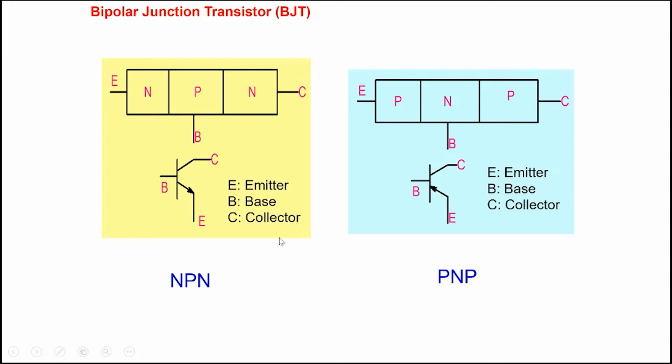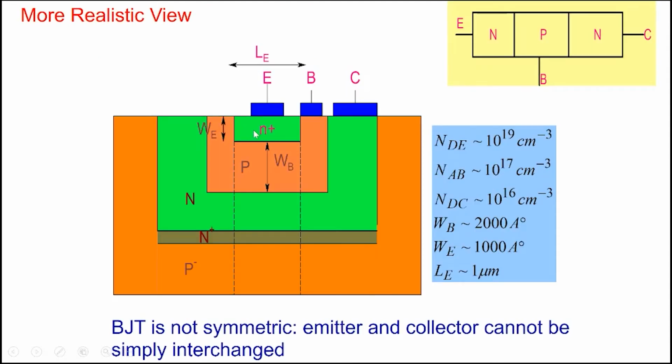Now, let's focus on the NPN transistor. Although we draw an NPN transistor like this, as if it's a bar with N and P and N, the actual structure of a transistor is more like this. We have seen earlier that you make all the transistors in integrated circuits on a crystalline piece of silicon, a silicon wafer.